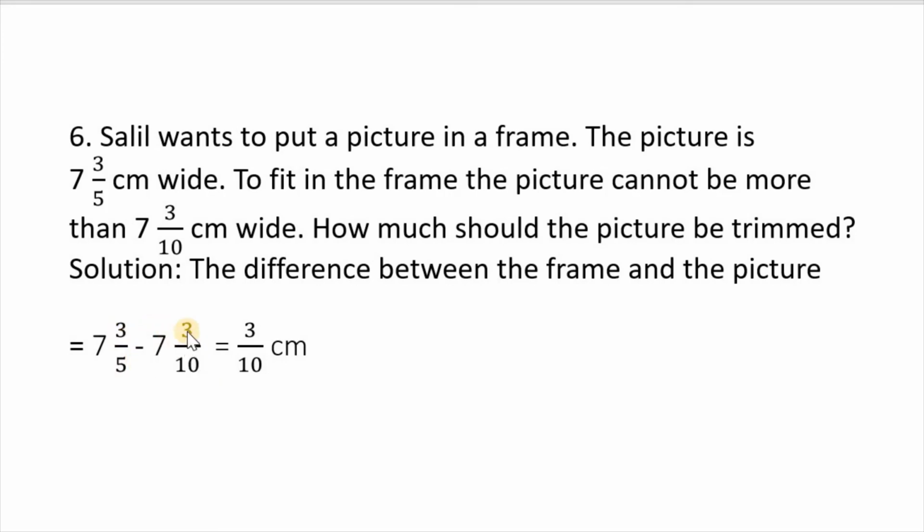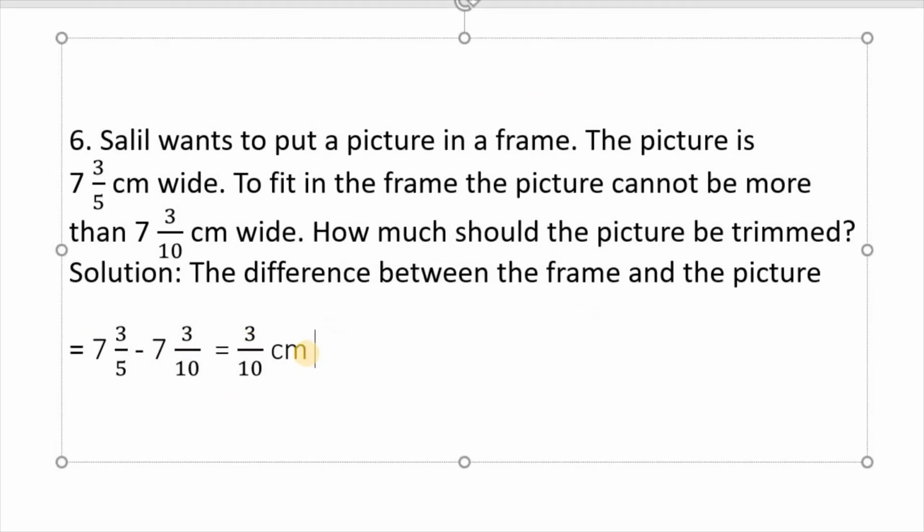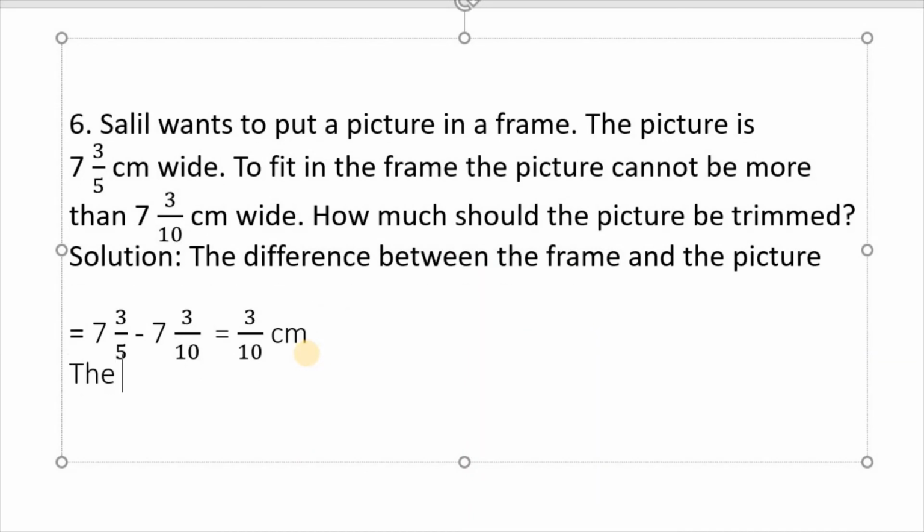So 3 by 5 minus 3 by 10. For us to do this, always remember that because 5 is half of 10, this 3 by 10 is exactly half of 3 by 5. So the difference is also equal to 3 by 10. The difference between the frame and the picture's width is equal to 3 by 10 centimeters. Therefore, the picture should be trimmed by 3 by 10ths of a centimeter.